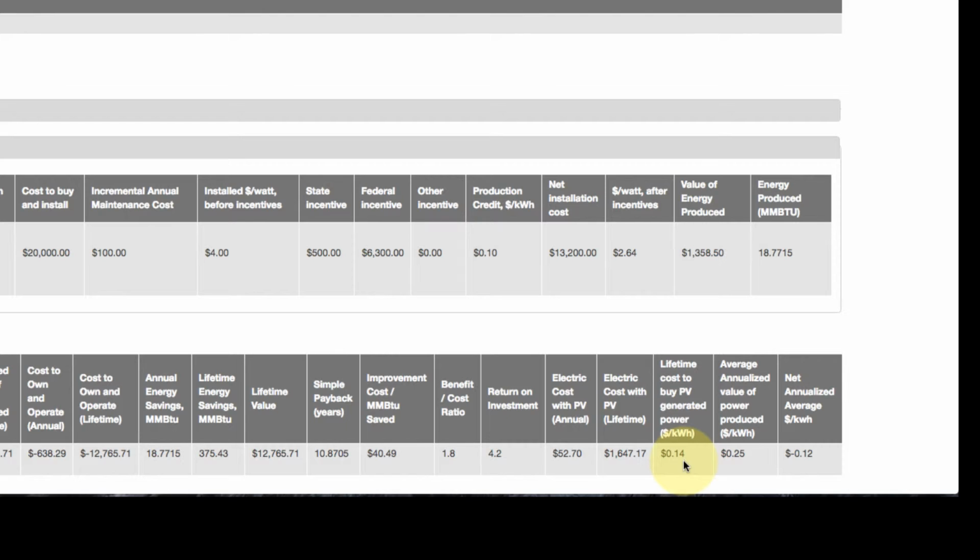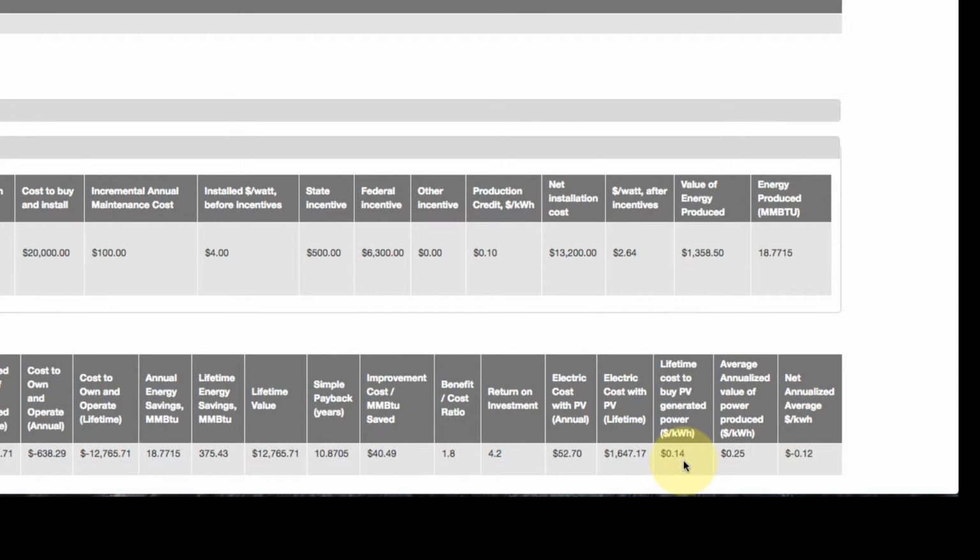The lifetime cost to buy PV generated power includes the net installation, or the cost of the system after subtracting out all the incentives, plus the maintenance costs over the system life. This figure is divided by the kilowatt hours produced over the lifetime of the system.